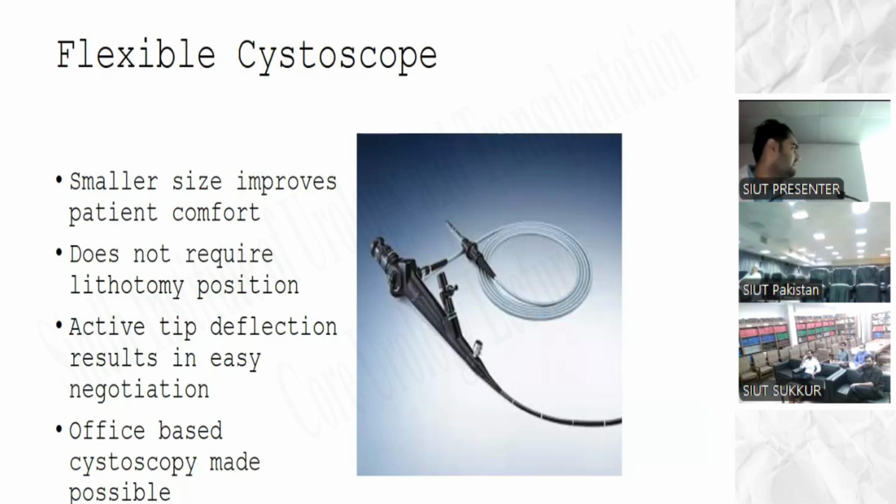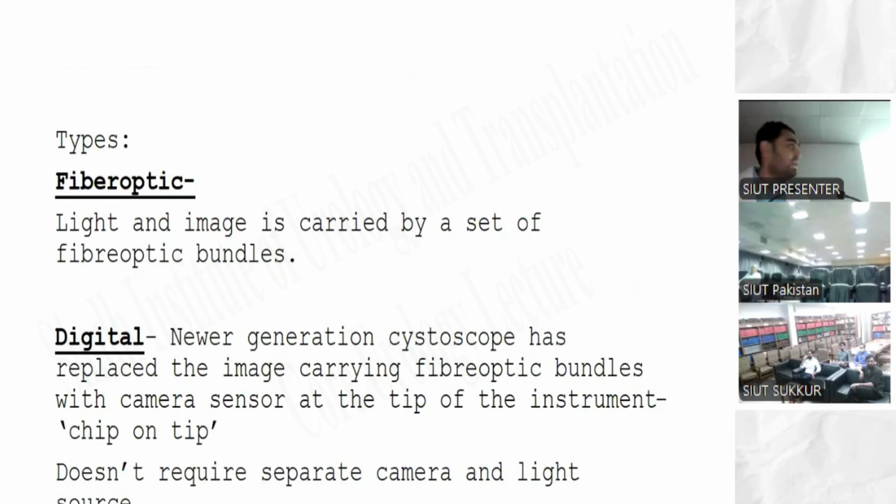Number three, whenever we are maneuvering this flexible cystoscope, the flexible tip helps in easy negotiation from the urethra into the bladder, and that's why it is superior to the rigid or semi-rigid. It has types again, fiber optic and digital.